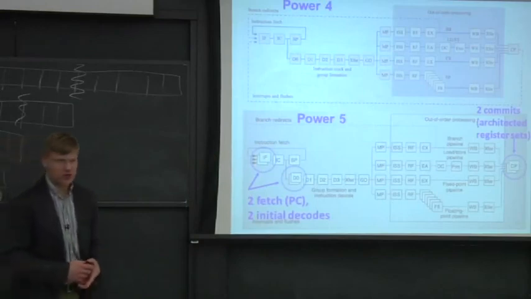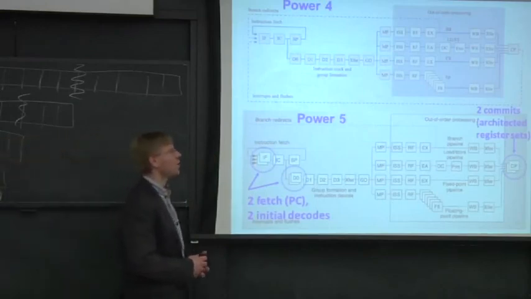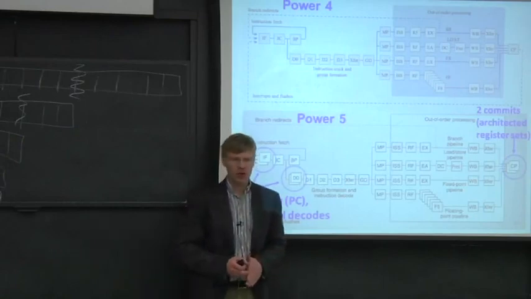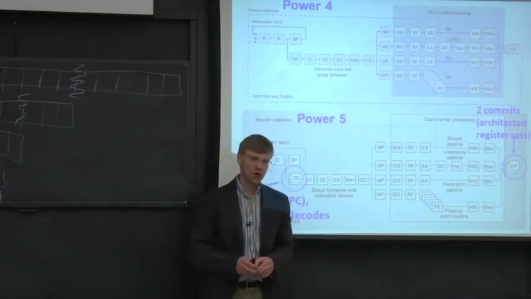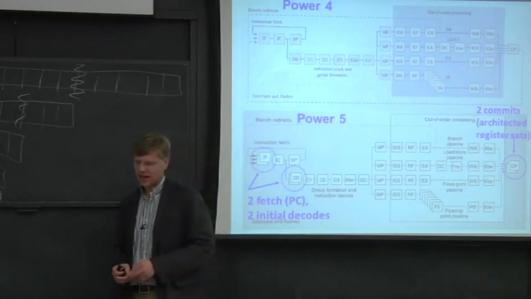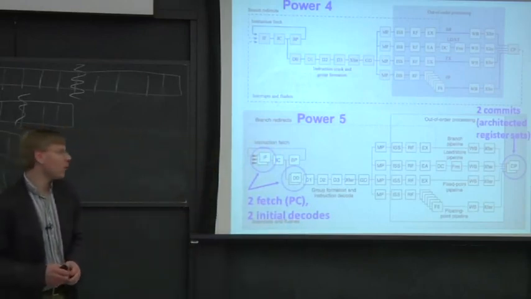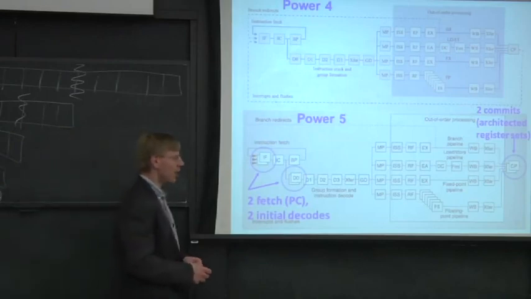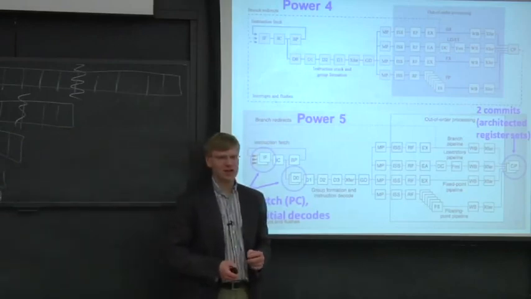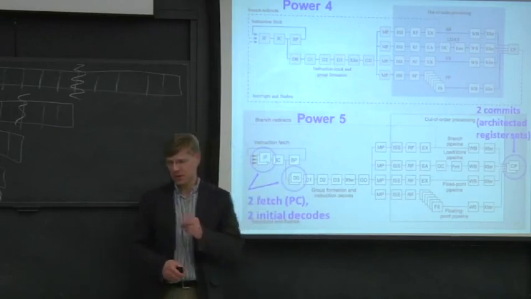So I wanted to show a few examples here. On the top, we have the IBM Power 4 processor pipeline, and this was a non-multi-threaded machine. And the Power 5 architecture actually looks very similar to the Power 4 architecture, except they added a second hardware thread.